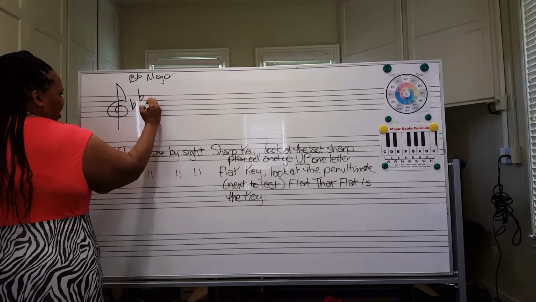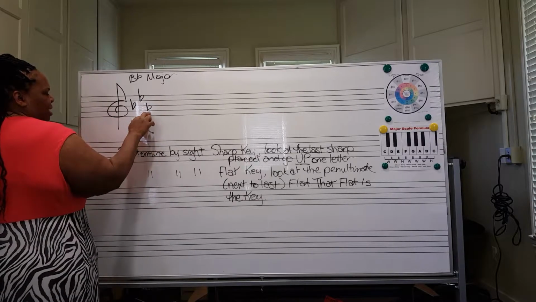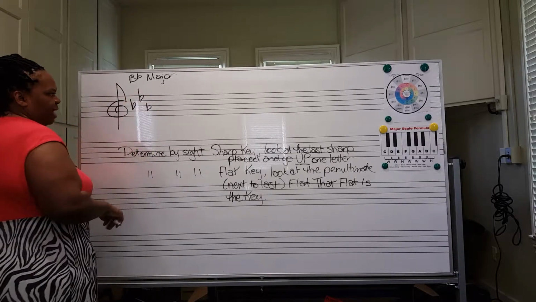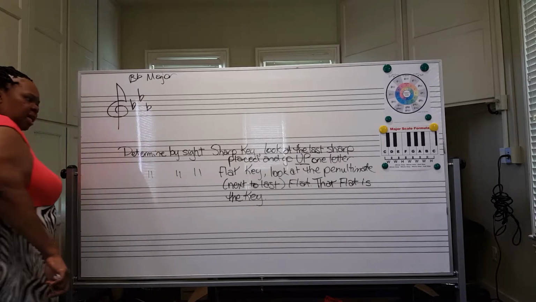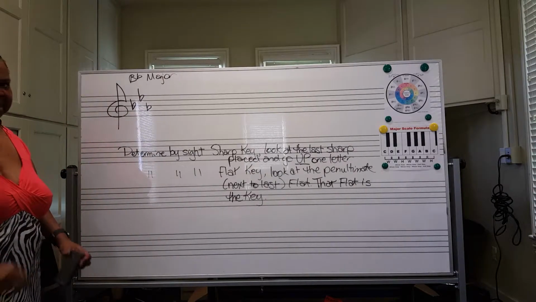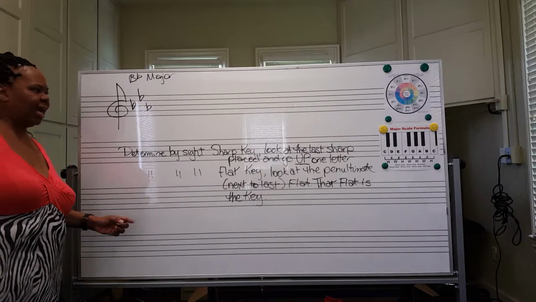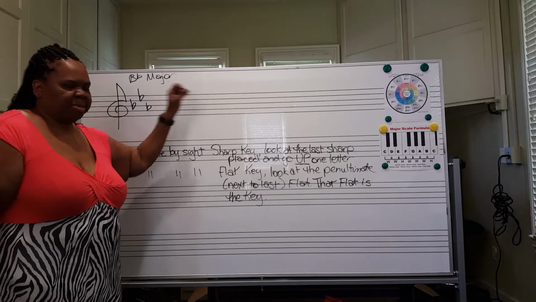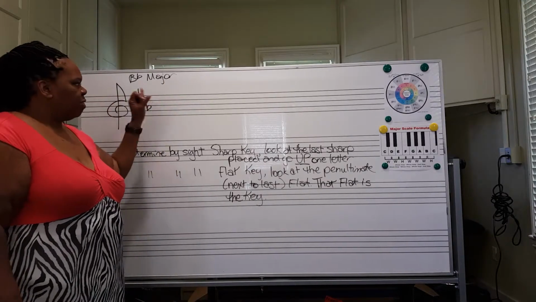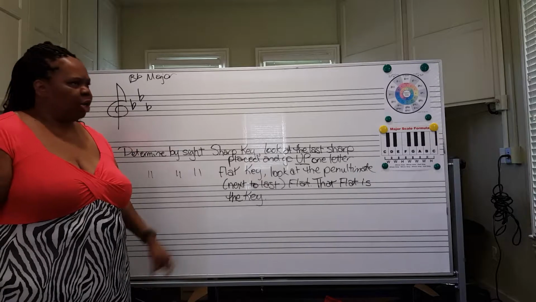All right? Next one is an A. So the next to the last flat is an E flat, so therefore this is the key of E flat. So look at the next to the last or the penultimate flat, and therefore that flat is your key.